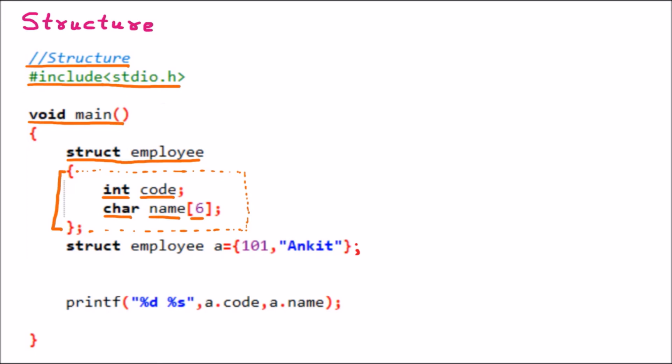Now afterward we are saying struct employee. Here this is the complete user defined data type. Whenever we are having a system defined data type, just like integer, for making its variable we write int a. Similarly here we are having the user defined data type, which is struct employee, and its variable we are creating, that is a.